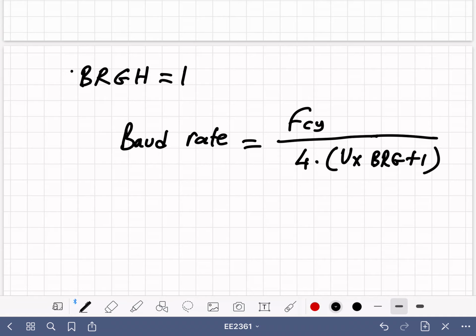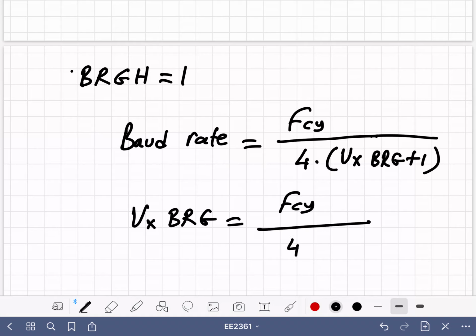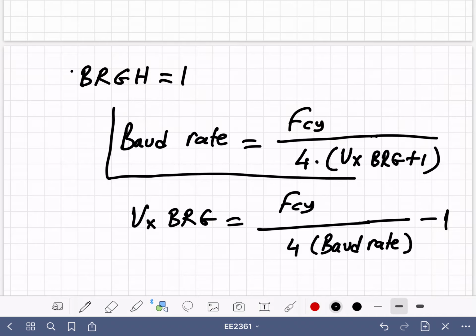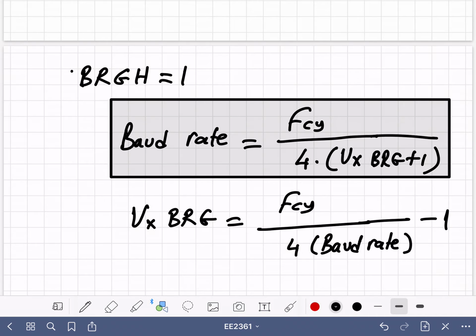And from there, the same way, you can calculate UxBRG as FCY over 4 times baud rate, minus 1. Okay. Again, these two formulas are important.